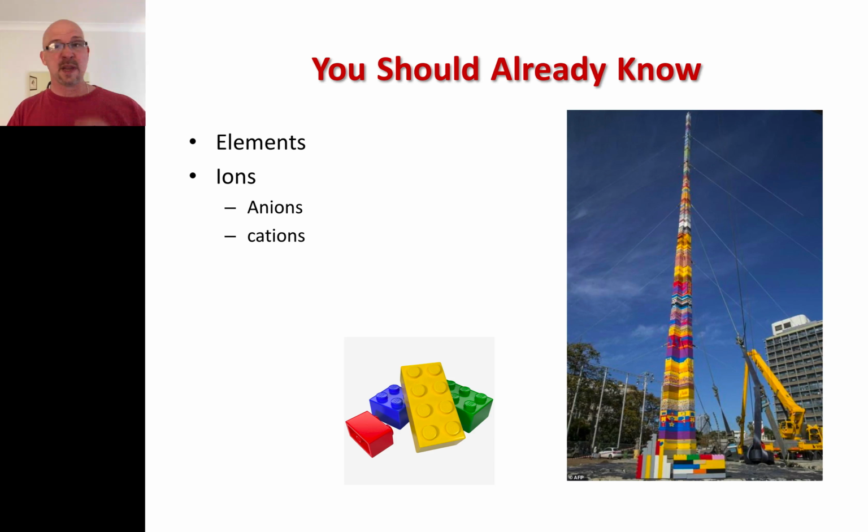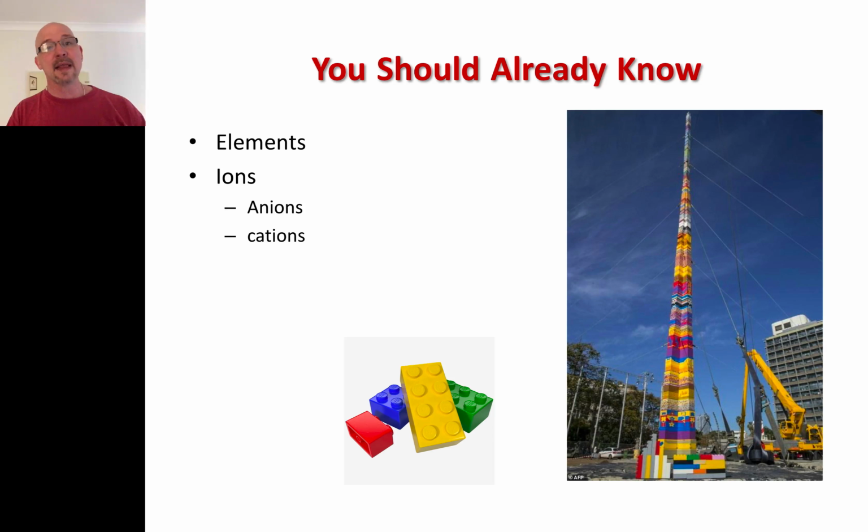So elements are made up of electrons, protons, and neutrons. We take some of the electrons away. And if you take away an electron, which has a negative charge, then the Lego block that's left over has a slightly positive charge because you've taken some negative away. If you stick some extra electrons onto that Lego block, onto the element, then it gets a negative charge because electrons are negative. So you've added more negative, made it more negative.